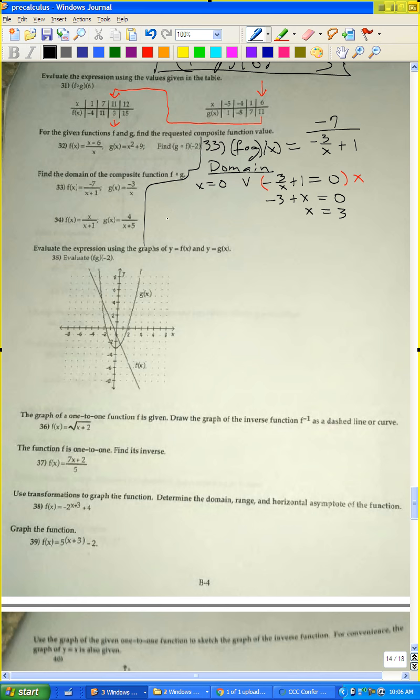So the domain of f composed with g is the set of all x's except for 0 and 3.